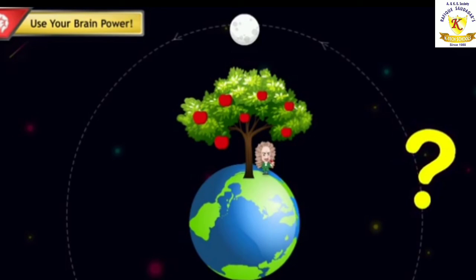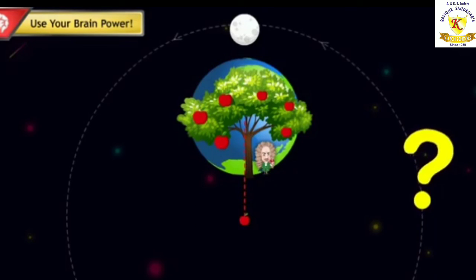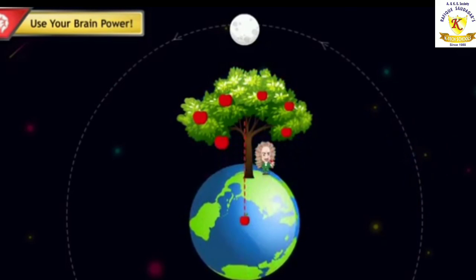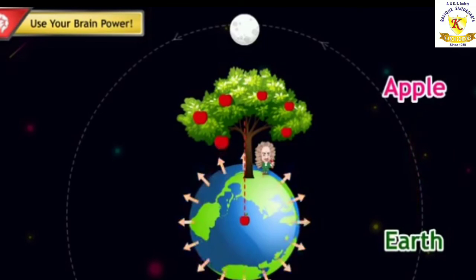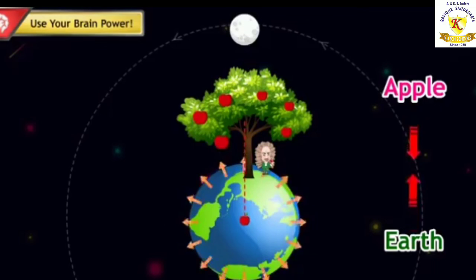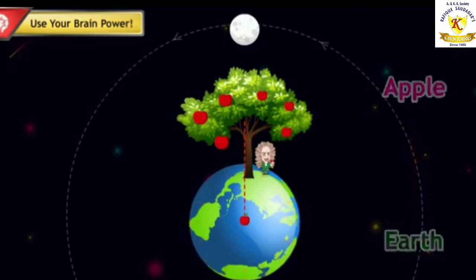Why, then, does the apple fall towards the earth, but the earth does not move towards the apple? The earth and the apple move towards each other, but the magnitude of the displacement of the earth is negligible relative to that of the apple. Therefore, the earth does not move towards an apple.